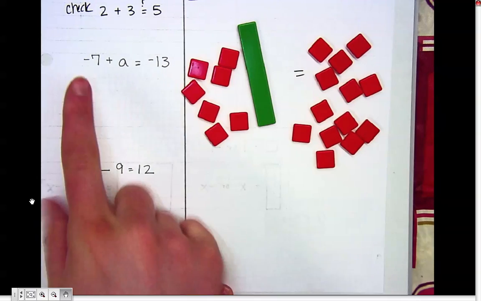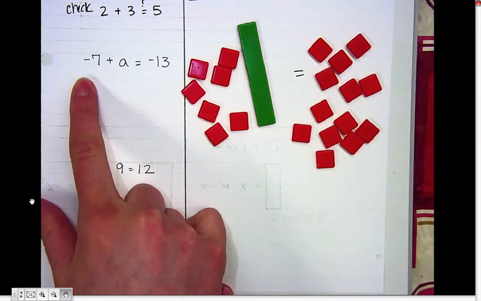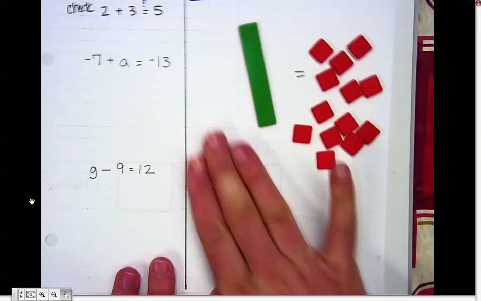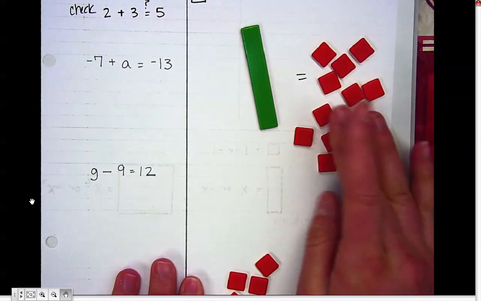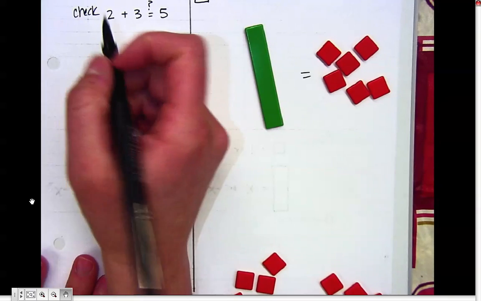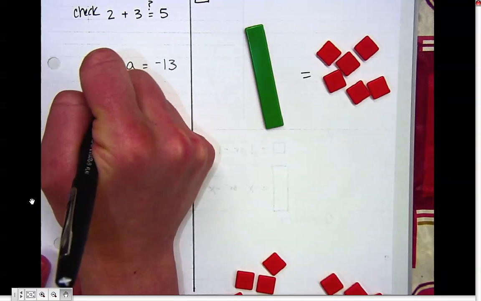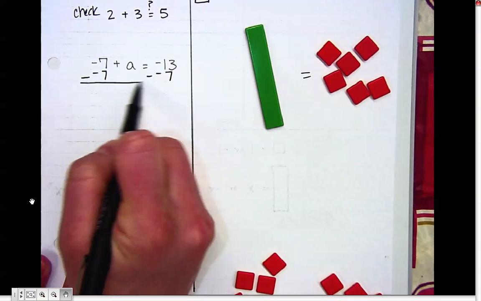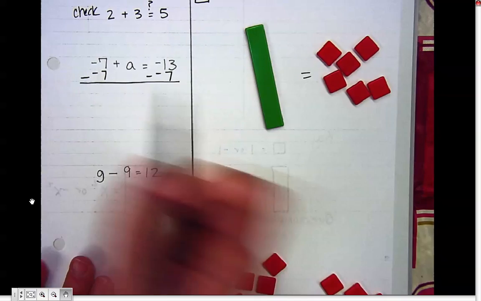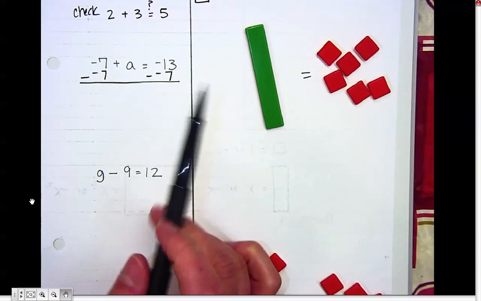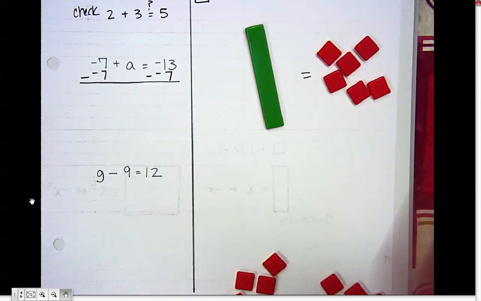So I could either add +7 to both sides, or I can subtract -7. So I'm going to subtract my -7. And here's my other -7. So now I'm going to write it over here, minus -7 minus -7. Okay. So what you should see here is, minus negative, that's kind of weird. We haven't done that in a while.